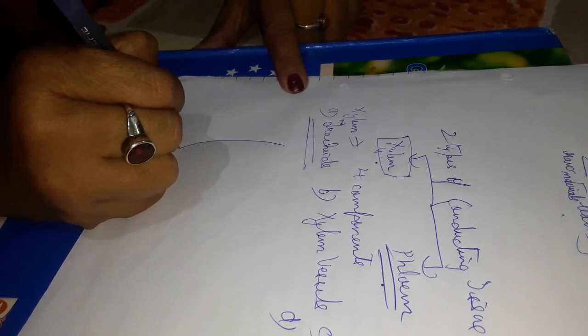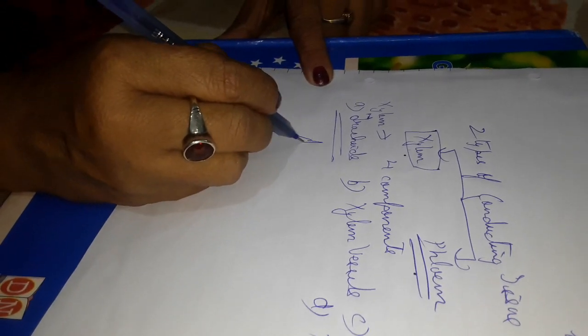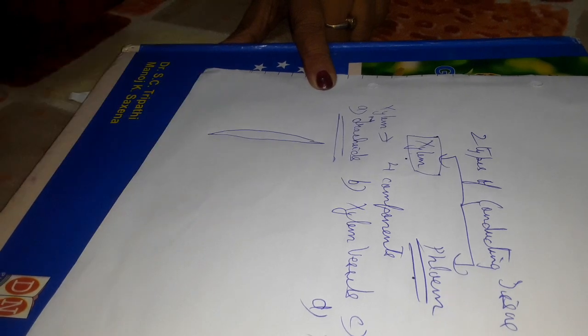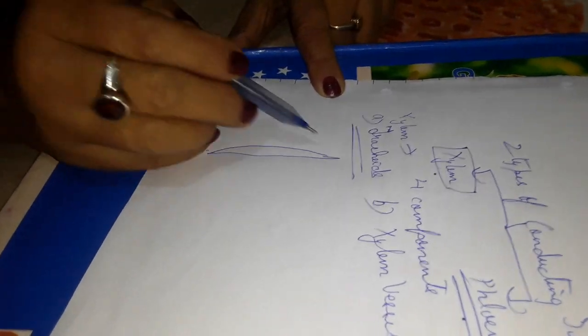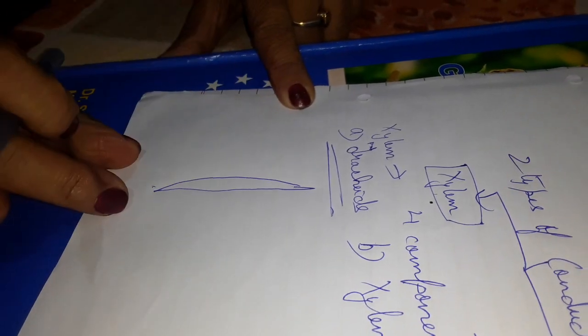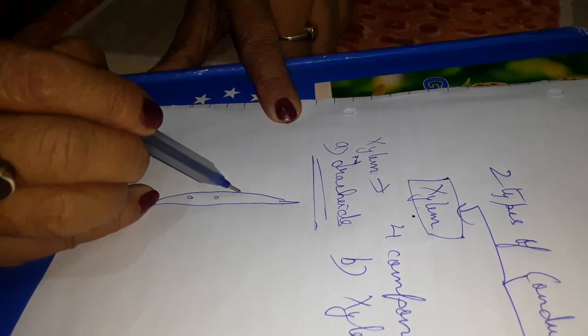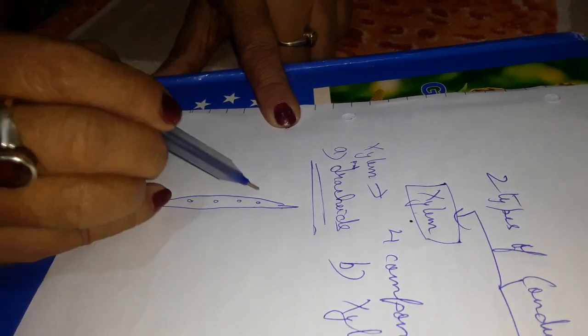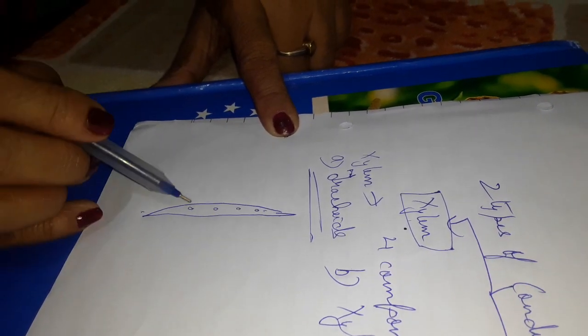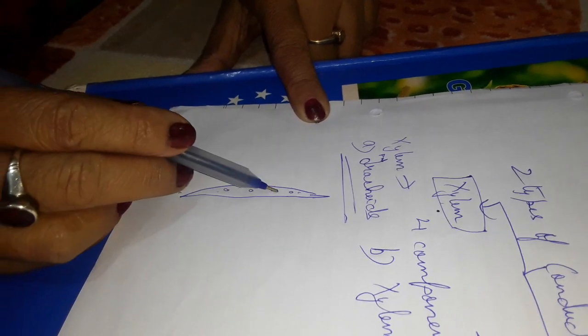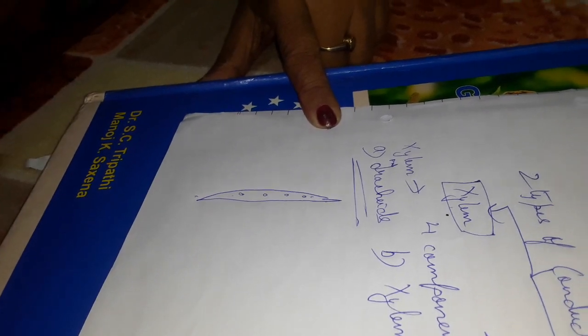Now, what are tracheids? Tracheids are single cells, elongated with tapering ends, and have numerous perforations or bordered pits through which water is transported up.